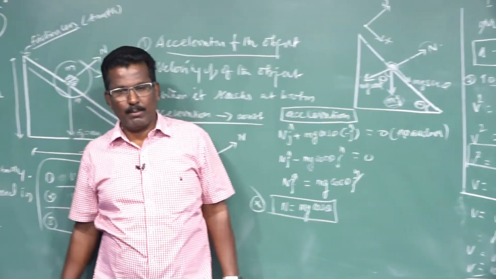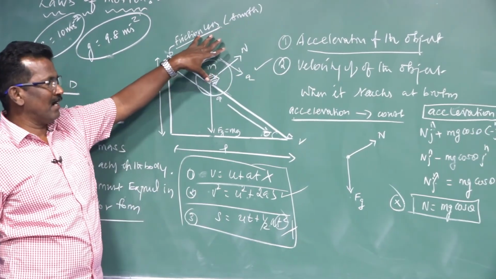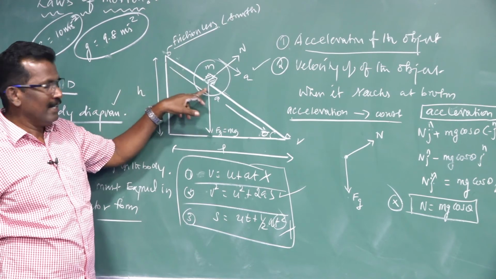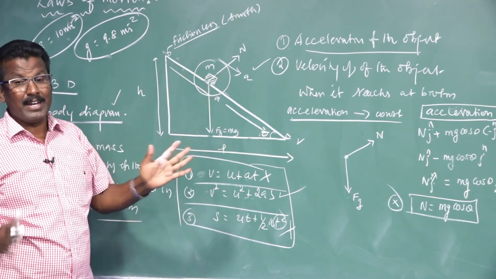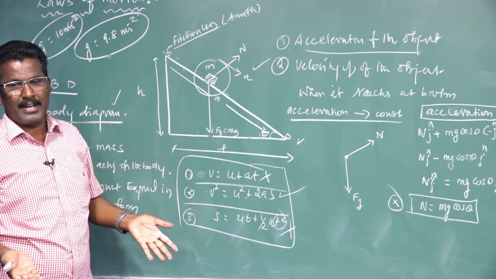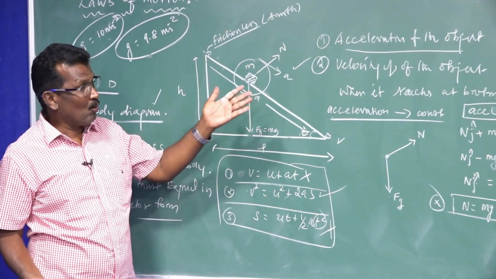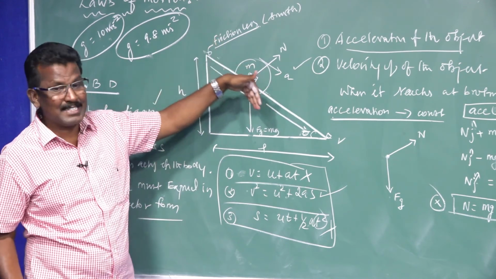By using this formula, we can easily calculate the acceleration of the object and the velocity of the object when it reaches the bottom of the inclined surface. This can be used when objects are loaded or unloaded on lorries, buses and other automobiles. We can calculate how the object slides and its velocity when it reaches the ground.